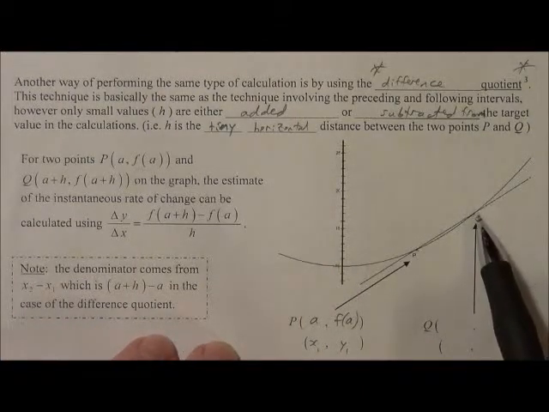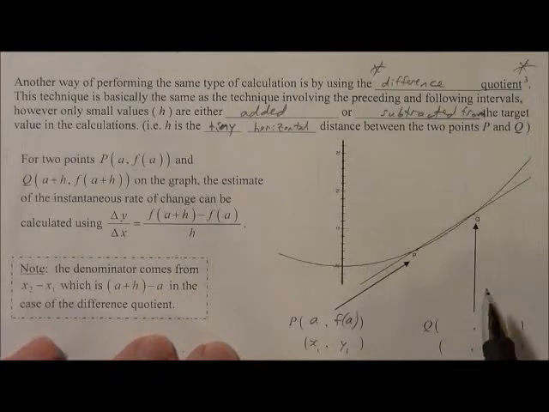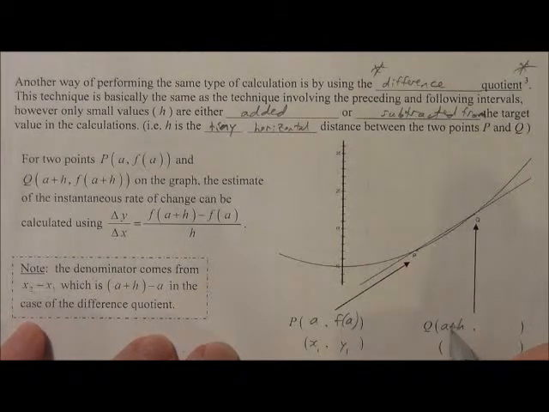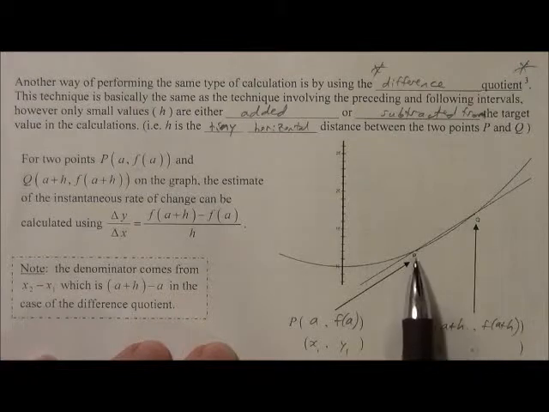And then point Q is what we're going to say is A plus h, and f of A plus h. So it's that specific x value plus a tiny amount, either above or below, either to the right or to the left of that point P.